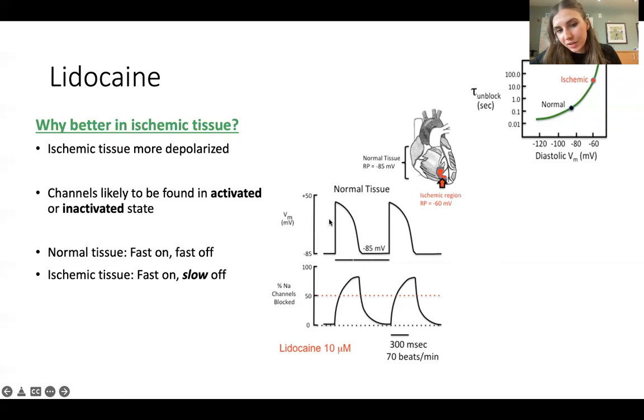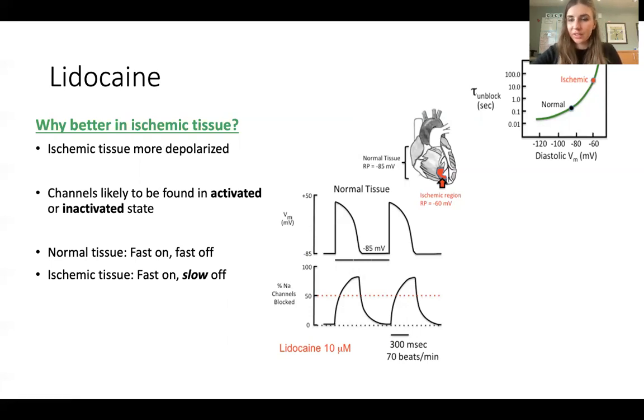In the graph below, the y-axis is percent of channels blocked and the x-axis is time. When you shoot up this action potential, this is a 50% mark, and you have a fair amount above that mark.